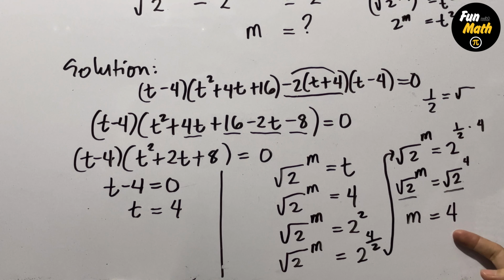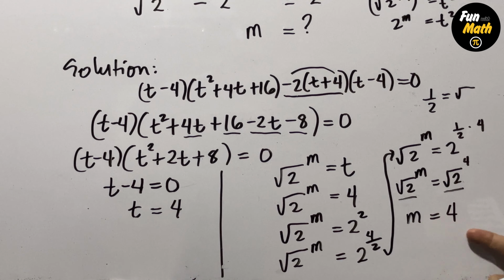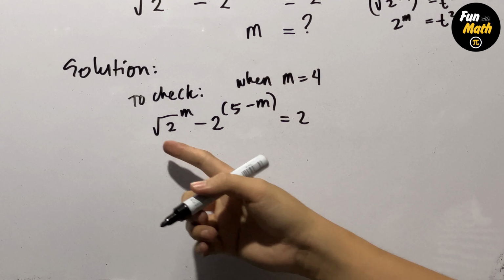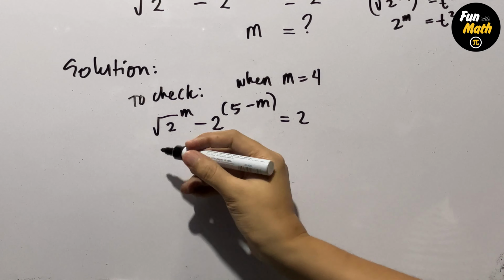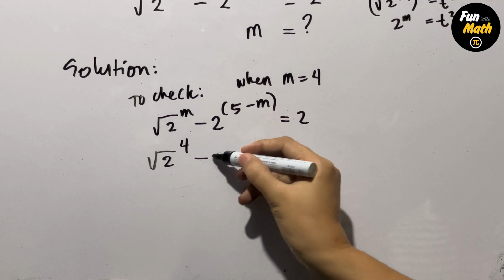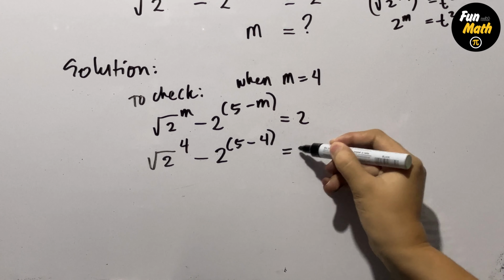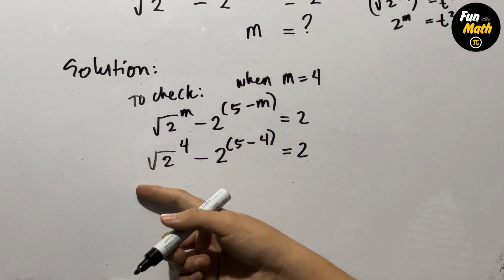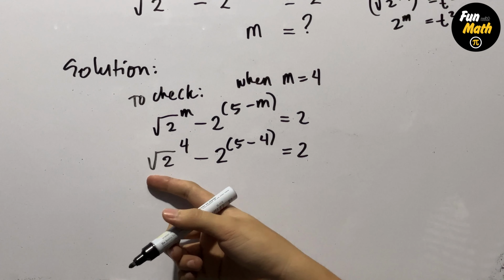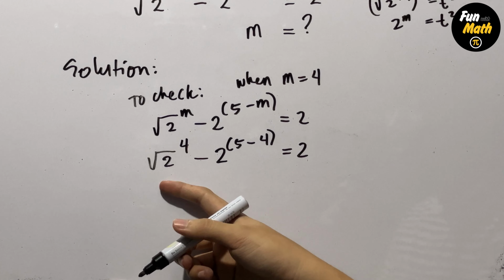But before we end this, let's check if this value of m is correct. Now, to check, when m is equal to 4, the original equation, square root of 2 to the power of 4 minus 2 to the power of 5 minus 4 is equal to 2. Now, square root of 2 to the power of 4, if we multiply square root of 2 by 4, the answer is square root of 16.